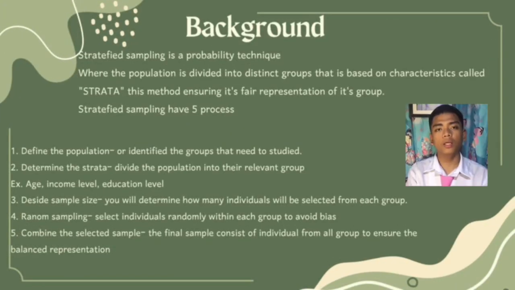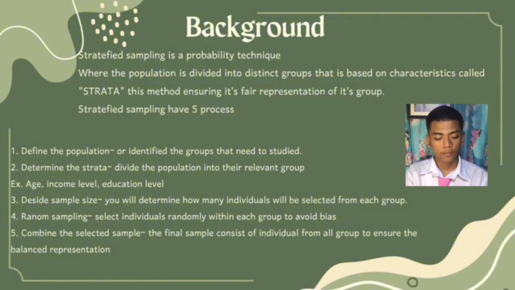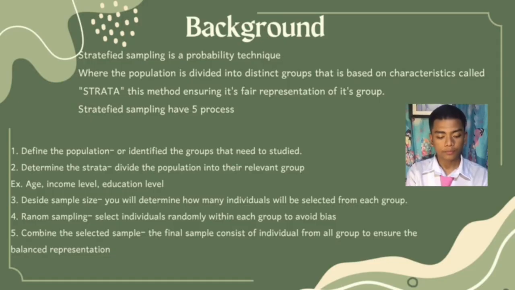Stratified sampling is a probability technique where the population is divided into distinct groups based on characteristics called strata. This method ensures fair representation of each group. Stratified sampling has 5 processes. 1.